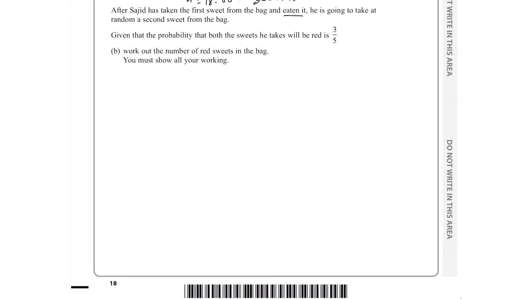If I was to draw the tree here, he's either going to take a red or he's going to take a yellow. The probability that he takes a red is going to be n over n plus 8. Now if he's taken a red and eaten it, then we're going to have one less, so that's going to be n minus 1 over the total.